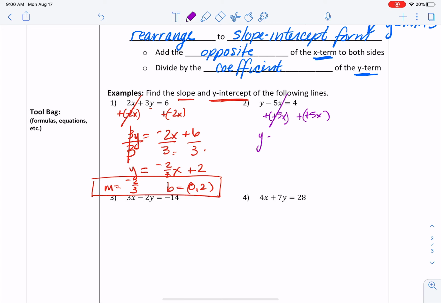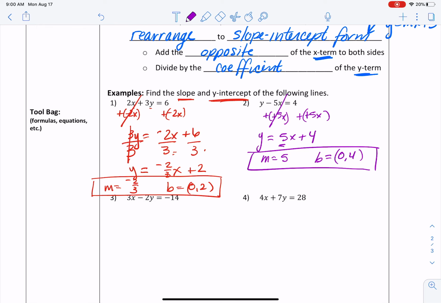So that I get y equals 5x plus 4. Remember that we put the x term first. There's no coefficient here, so I don't need to divide anything. So that's it. So then I can identify the slope. m is 5. b is the point 0, 4. And that would be all you'd have to do.